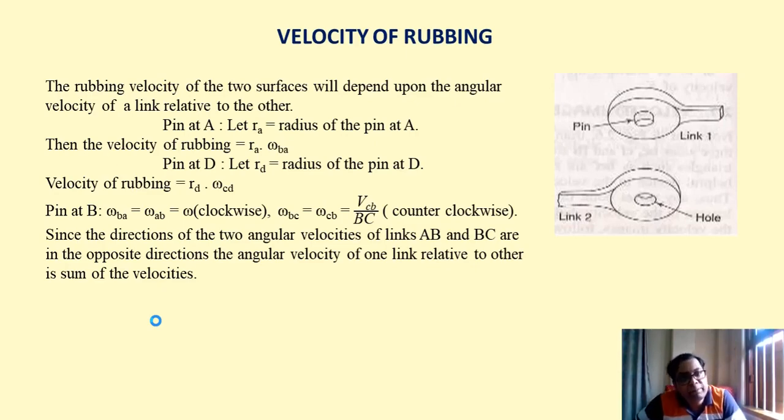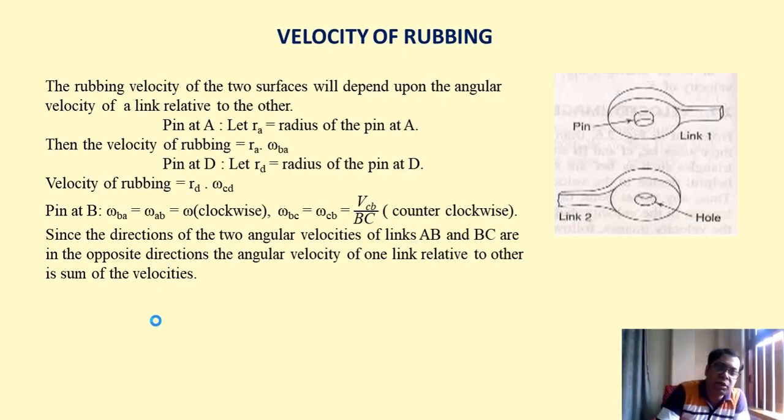So velocity of rubbing will be RD into omega CD. For pin at B, in the previous figure, omega BA should be equal to omega AB, which is clockwise, and omega BC equal to omega CB, that is velocity CB by velocity BC, in the counterclockwise direction.